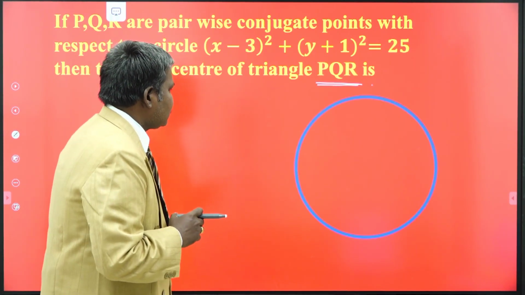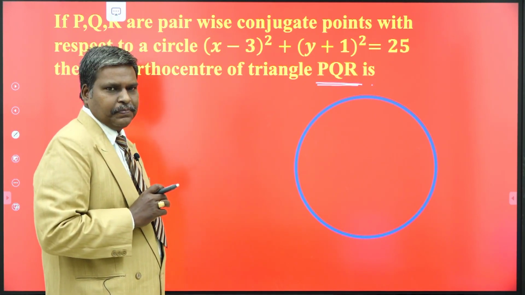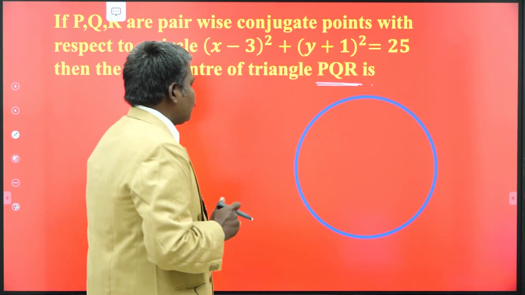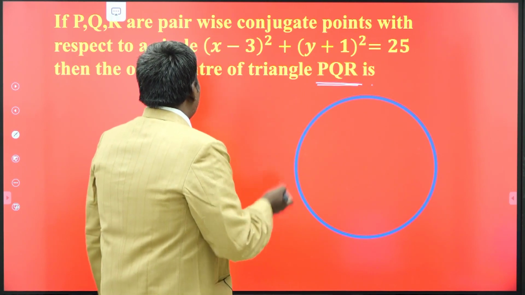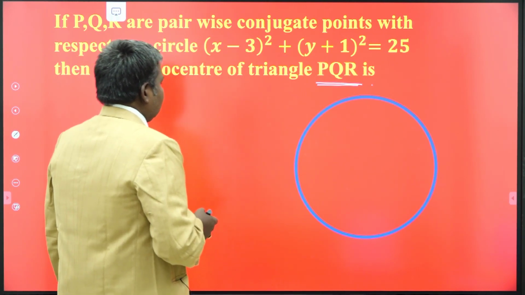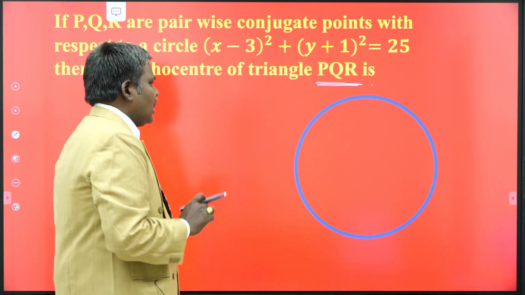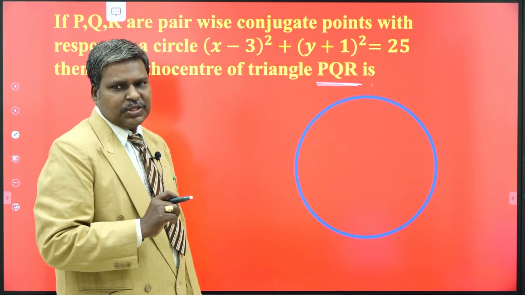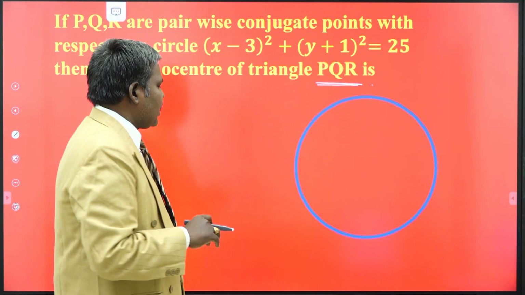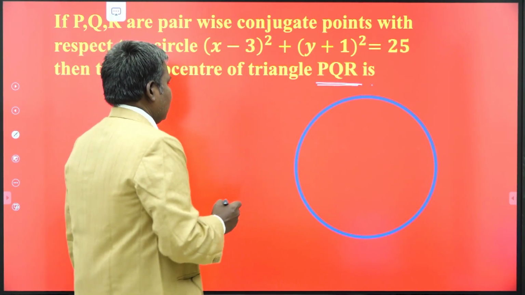Listen carefully, dears. This is the circle. Now, I would like to draw the triangle PQR in such a way that P, Q are conjugate with respect to the circle, Q, R are conjugate with respect to the circle, and R, P are also conjugate with respect to the circle.